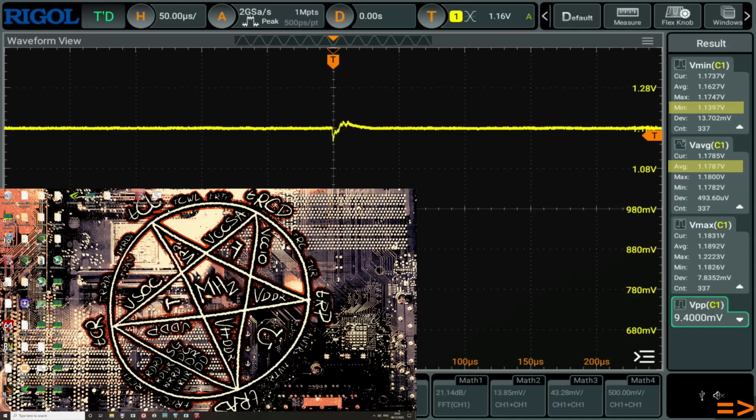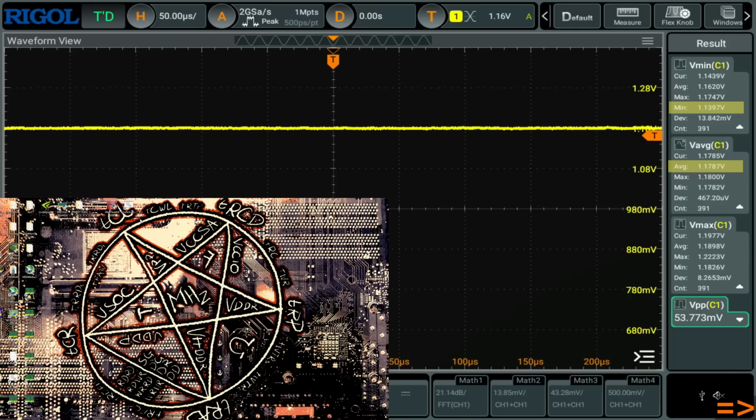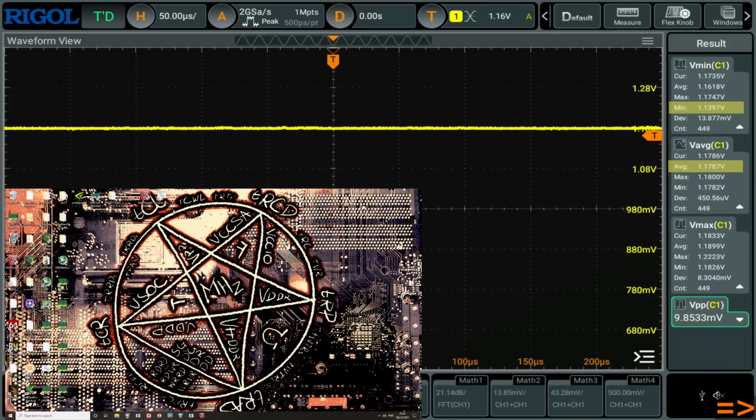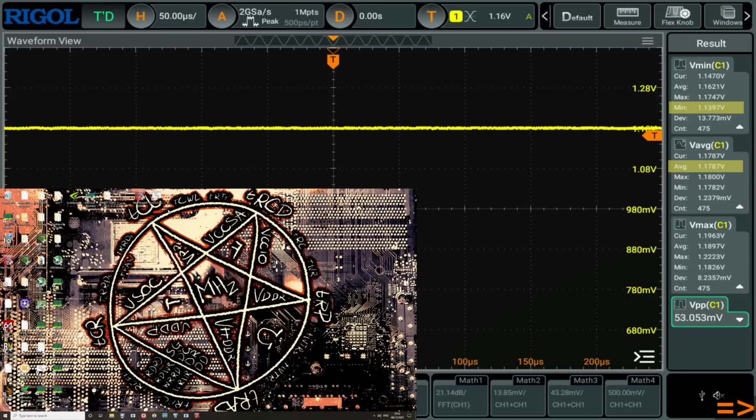The event we're seeing here is in the range of 50 microseconds. The reason we need an oscilloscope for this is that no monitoring software is ever going to pick up voltage deviations in the range of microseconds. Anyway, we're going to zoom back out to 10 milliseconds per division.